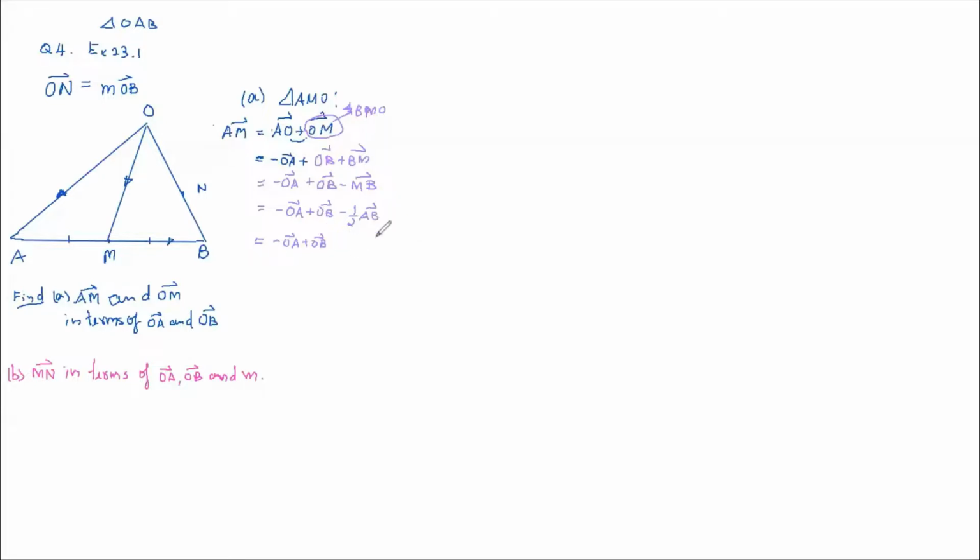AB, now this AB, we can use the big triangle here, ABO, because why? Because we know OA, OB, right? So because we want to make it in terms of OA, OB. So from this one, form AB here, okay? So we're gonna have negative 1/2, open bracket, do the triangle ABO.